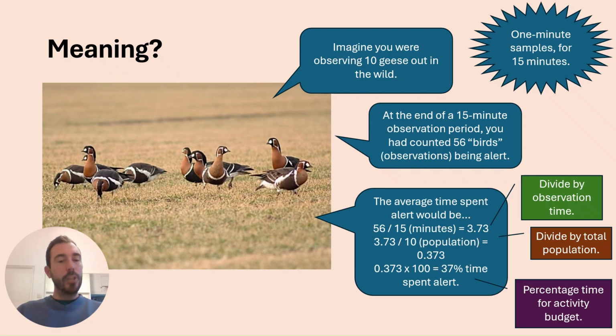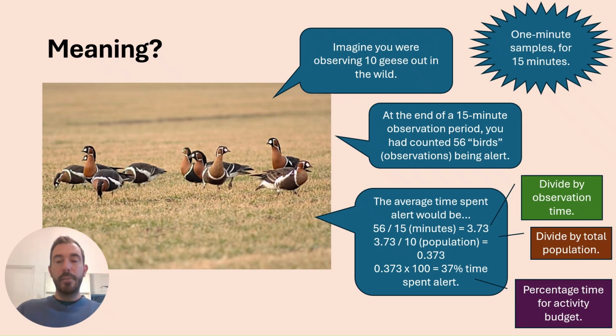So 56 observations of alert divided by the 15-minute observation time is 3.7. 3.7 divided by the 10 geese, because that's our population we were watching, is 0.37.